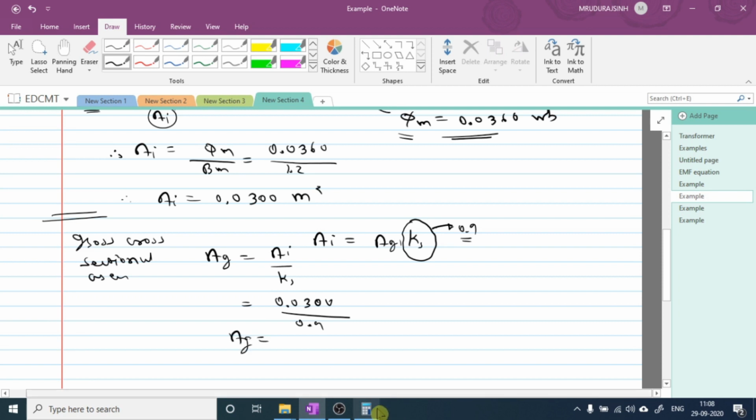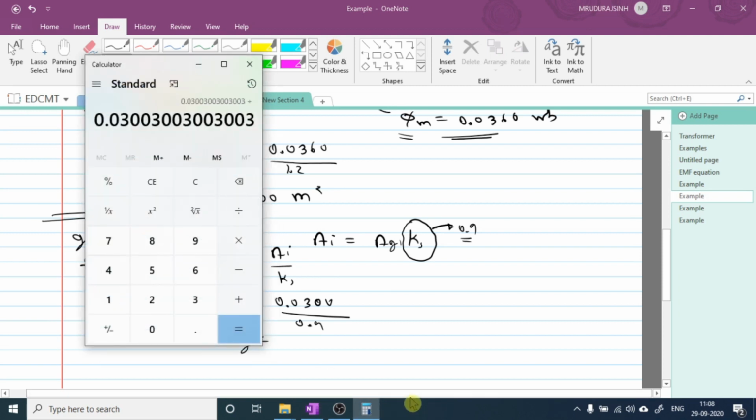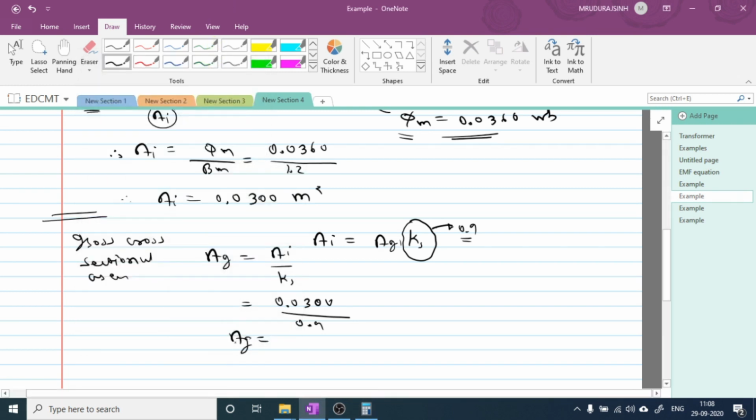So Ag gives us 0.0333. So let's write it over here. Ag is equal to 0.0333 meter square. So this will be the gross cross sectional area of the core.